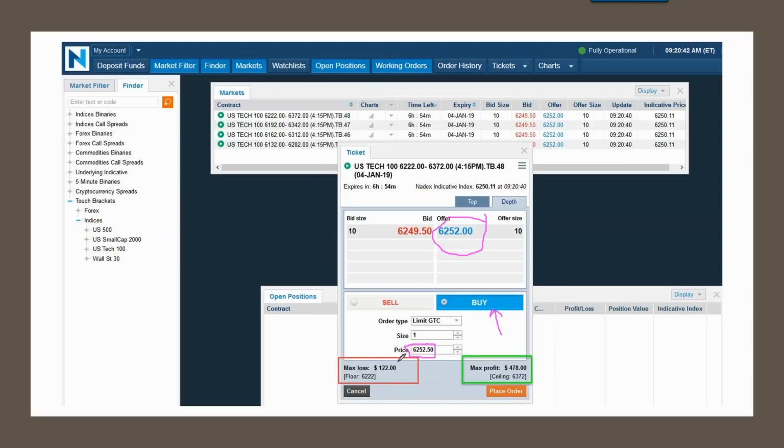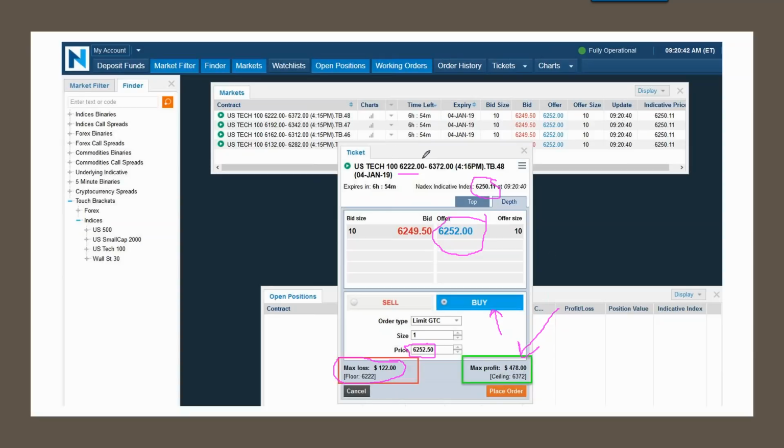So if I buy this, here's your maximum loss, $122. What is your max profit? It tells you right here, $478. How close to the floor is this instrument right now? Well, you can see that the indicative is at 62.50 and the floor is at 62.22.